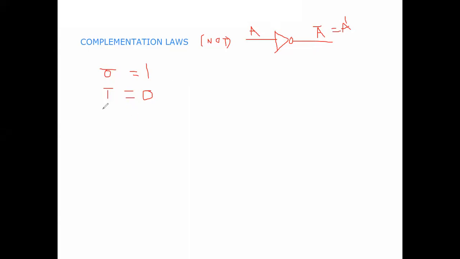Next, if A equal to 0, what is A bar? Already in the truth tables we learned A equal to 0, then A bar equal to 1. Next, if A equal to 1, then what is A bar?